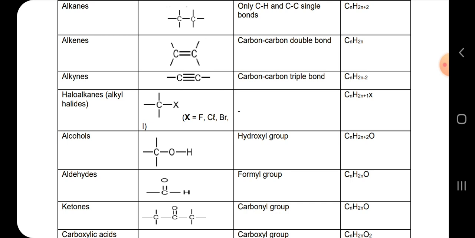A haloalkane, there will be carbon and hydrogen, and then on another branch, you will see where carbon is bonding with either fluorine, chlorine, bromine. Those atoms are in group 7.